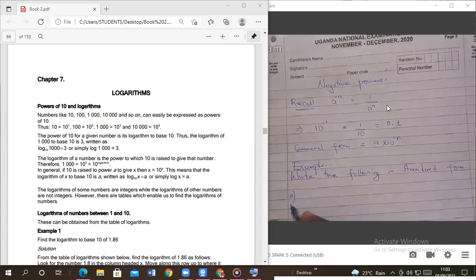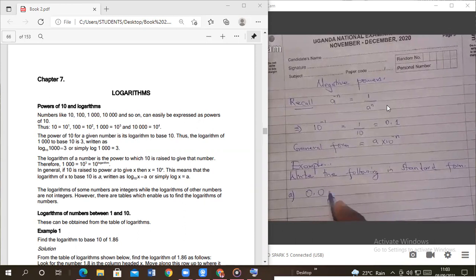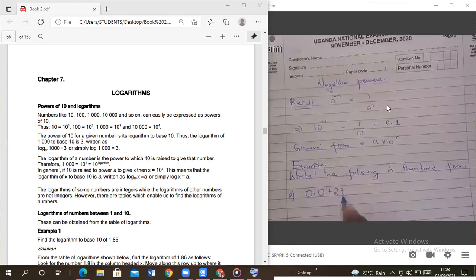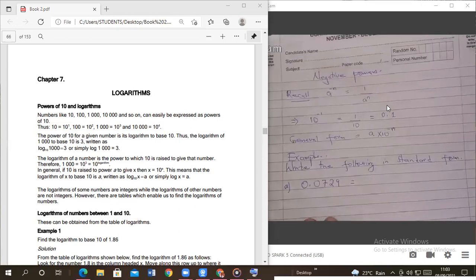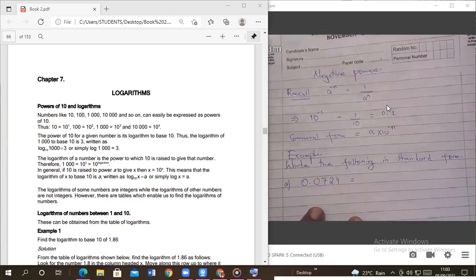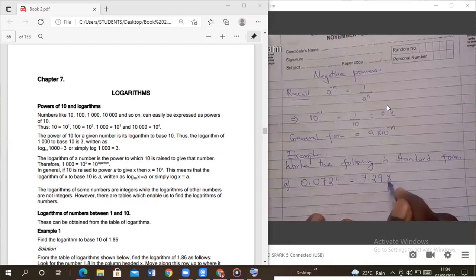So A we have 0.0729. What is that one in standard form, members? It's going to be 7.29 times 10.